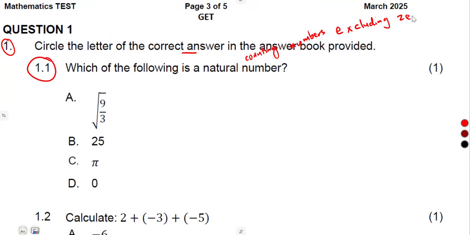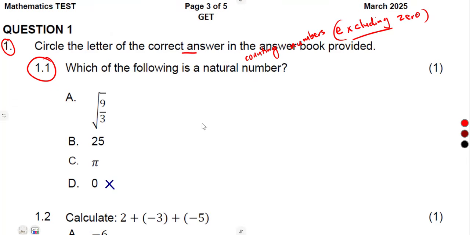That is, we are not going to put zero. So zero is not part of natural numbers. So meaning to say, this is totally out.